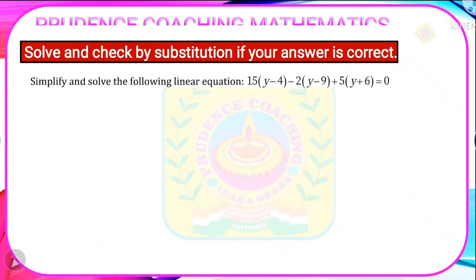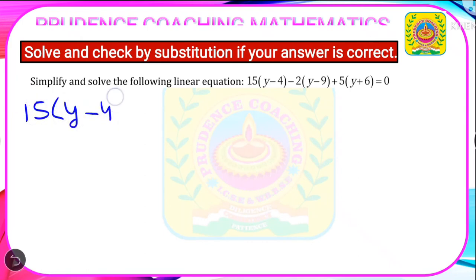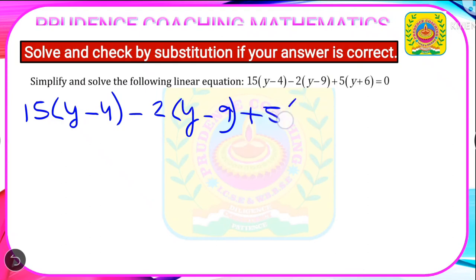Now let us move on to the next one, that is 15(y − 4) − 2(y − 9) + 5(y + 6) = 0. So first let's solve the brackets.